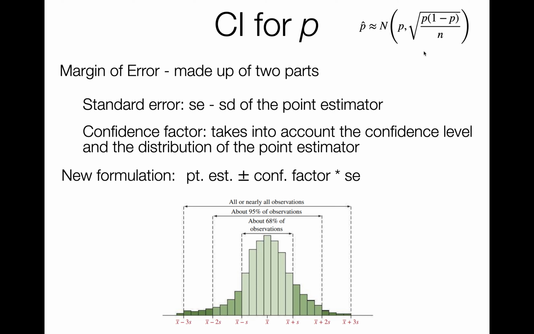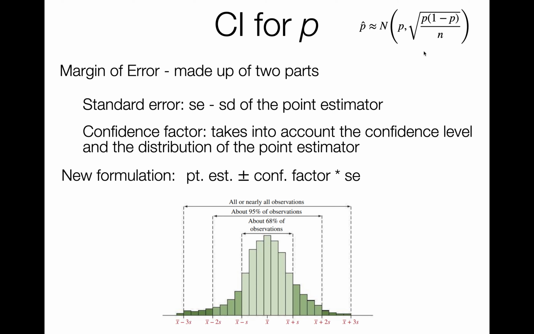It turns out that a point estimate, that p hat specifically for us, is normally distributed, and so it follows the picture that I have down here, which is showing the empirical rule. The empirical rule says for bell-shaped distributions, and the normal distribution is bell-shaped, that 68% of the observations lie between plus or minus 1 standard deviation.